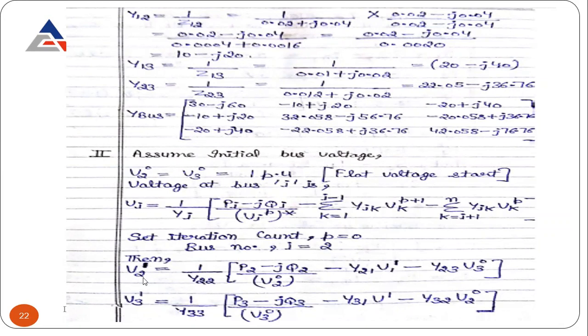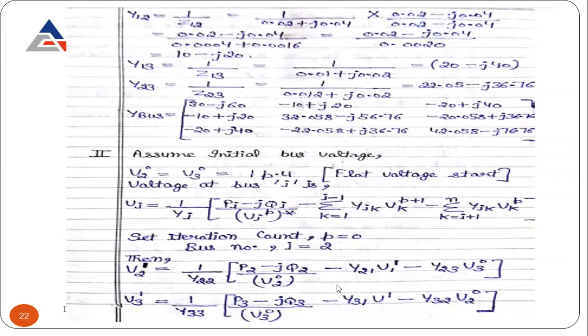Here this voltage is written for bus number 2, so that's why we have Y21 and Y23, the admittances attached to bus number 2. If there is Y21, then you have to write voltage V1, and if it is Y23, then you have to write V3.